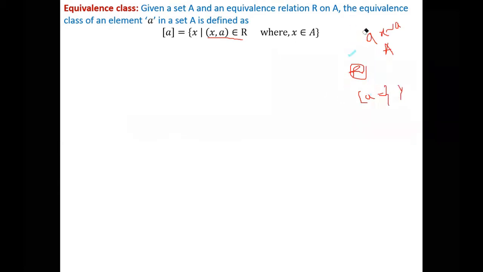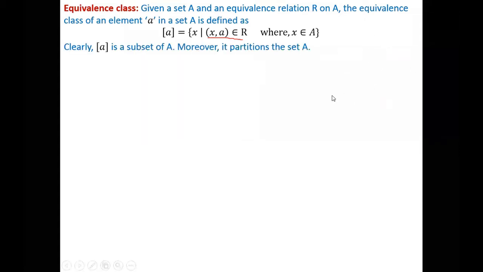Ultimately, from the figure also, you can say that [a] is a subset of A. Later on you will see that these equivalence classes partition the set A.